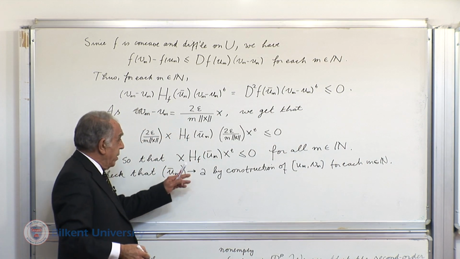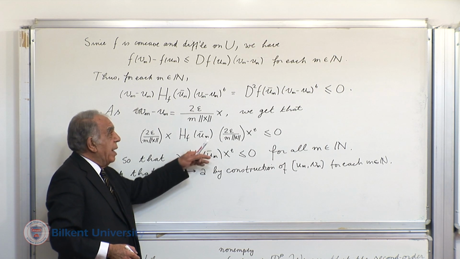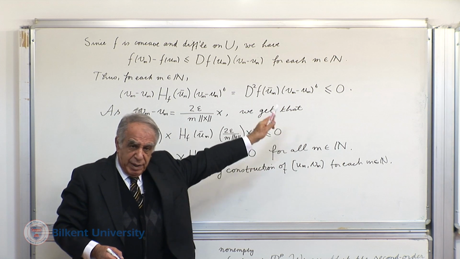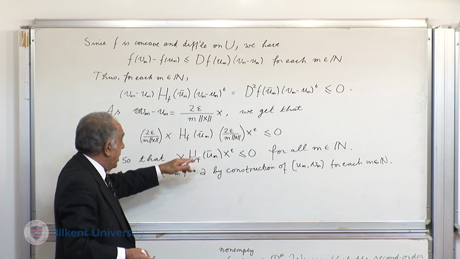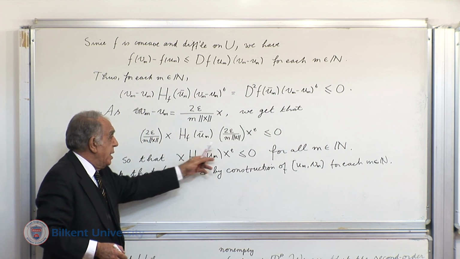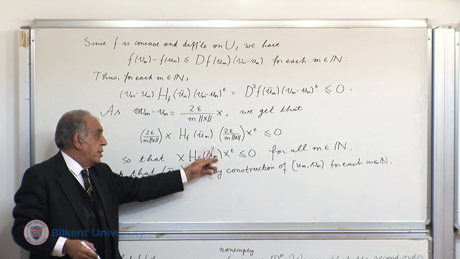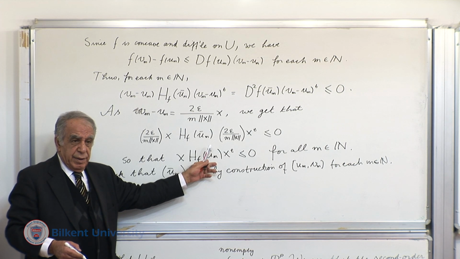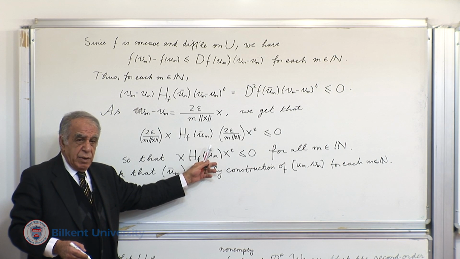Now we have this, well, x is given, it's arbitrary, but we keep that fixed. So keep that x fixed, so this becomes a function of the argument of h sub f. Is that a continuous function?